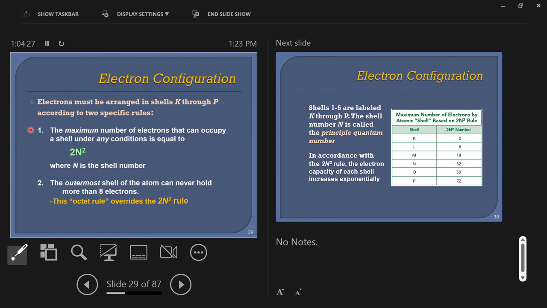So 2n squared, 2 times 2 squared. 2 squared is 4, right? 4 times 2 is 8, okay? So we have a second shell that we're going to need to occupy. We can hold up to 8 in that shell, because the 2n squared rule says we can, okay?